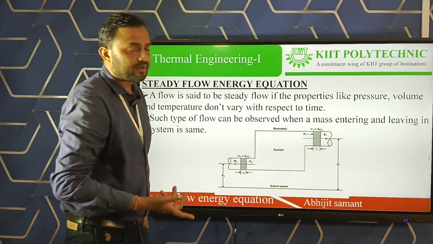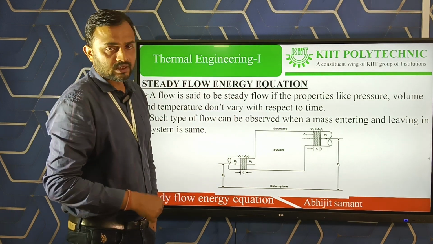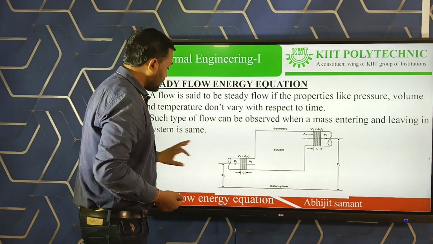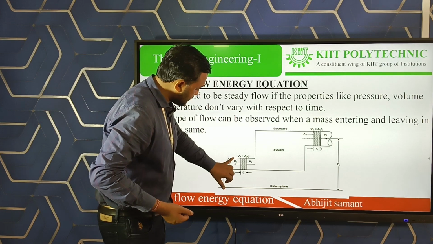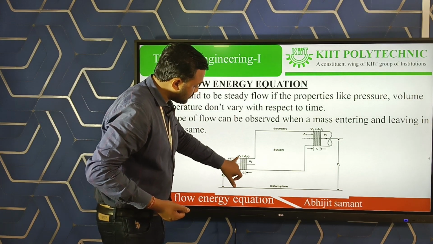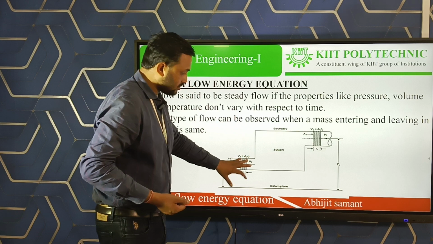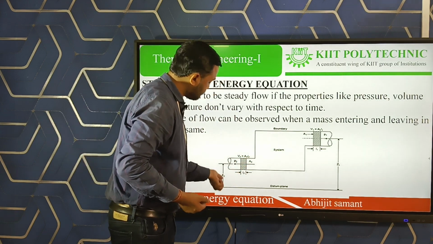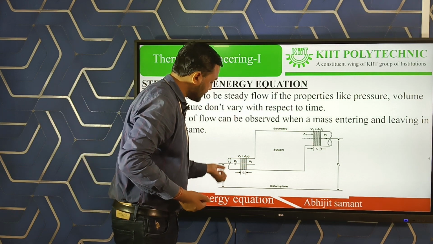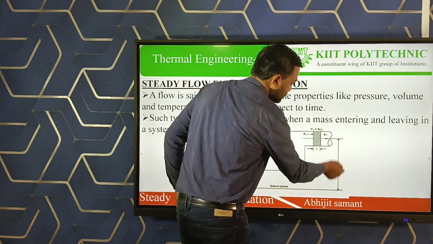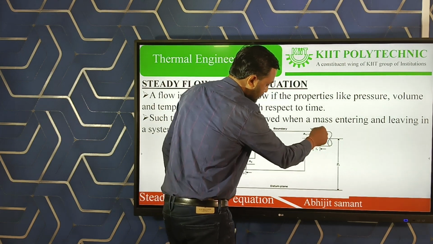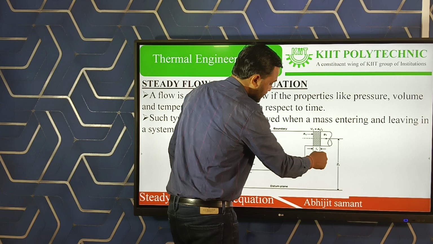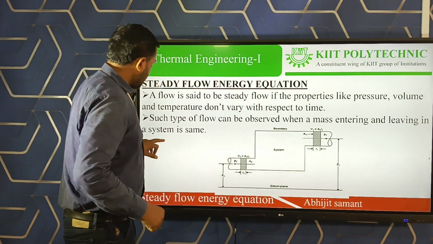It may be a compressor, maybe a turbine, it may be anything. Here this one is the velocity of the fluid. This is the datum head, that is Z2. This one is the datum head, that is Z1, and this is the cross sectional area, likewise.